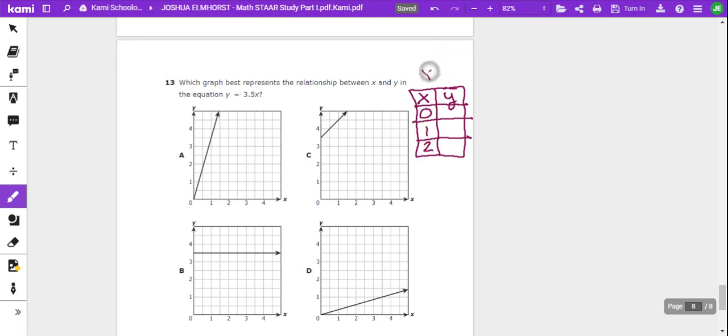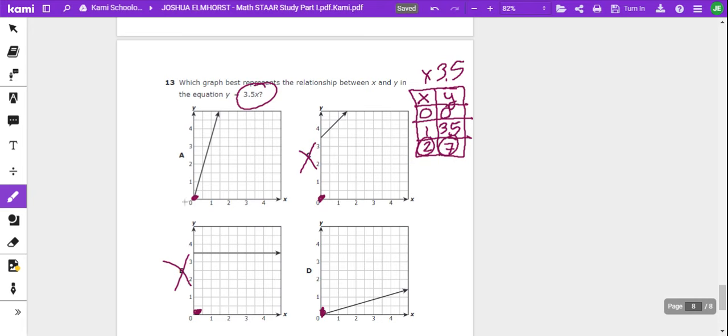So remember, this is using the equation x times 3.5. So this would be 0, and then 3.5, and then we would have 7. So we look for these points, 0, 0. So we know it's not this one or this one.